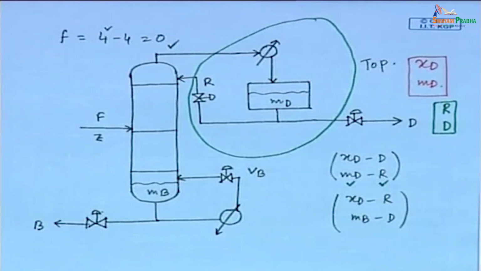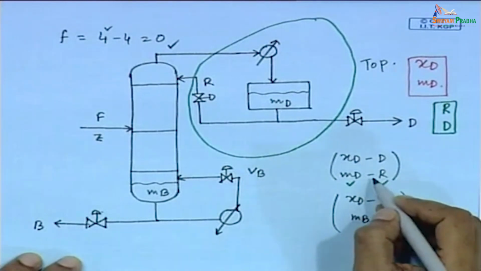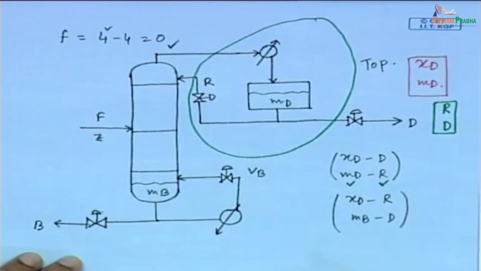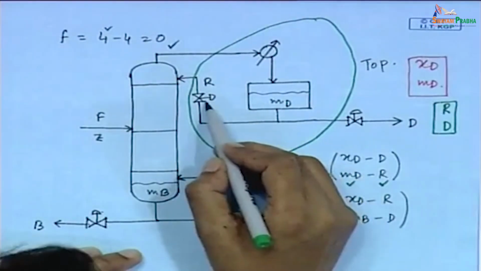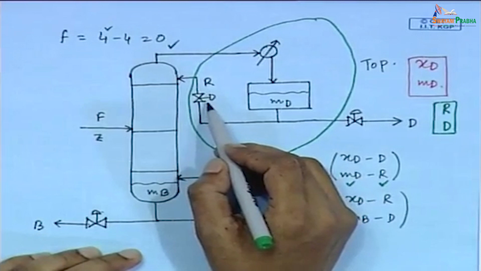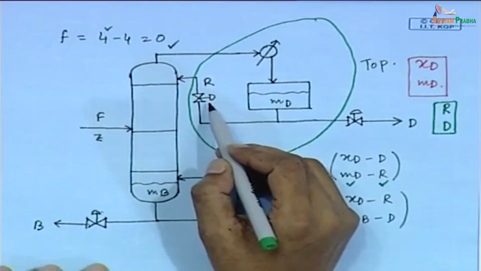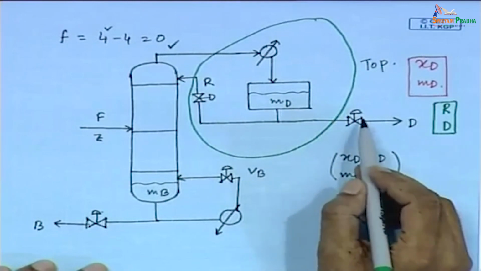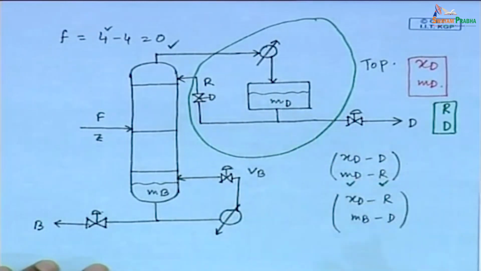There is no problem, we can do that. If we consider the control of md by the manipulation of r, we can easily do that, because this is also outlet flow, this is also outlet. So, we can choose any one for controlling the md.